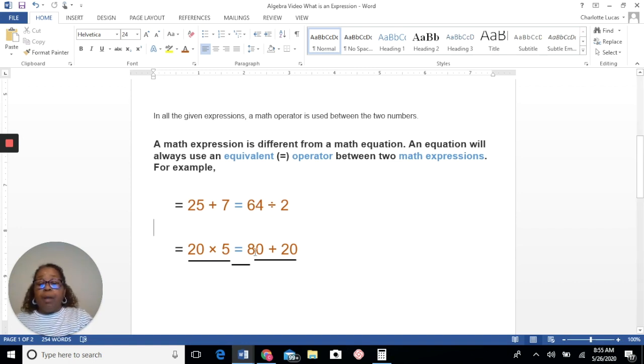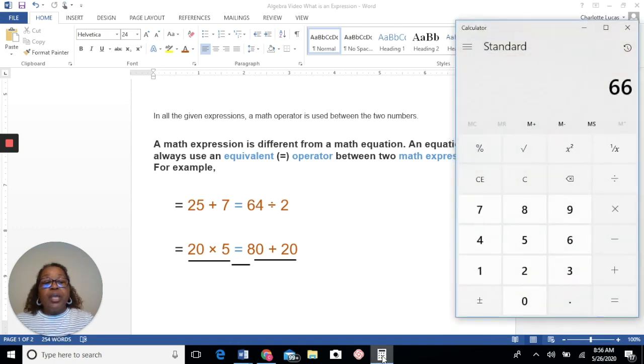The equivalent operator means that this expression on this side has to have the same answer as the expression on this side. When it's equal, they have to be the same. So we have to make sure that this expression and this expression, when you do the math, will be the same.